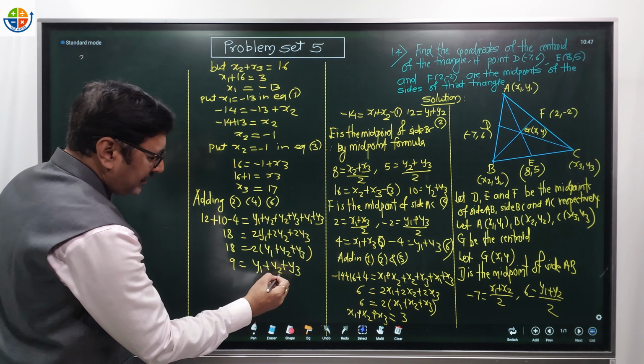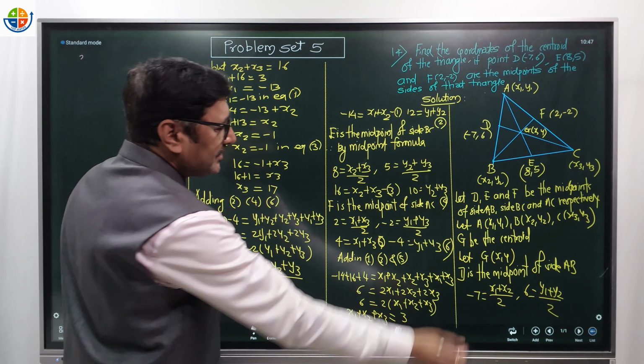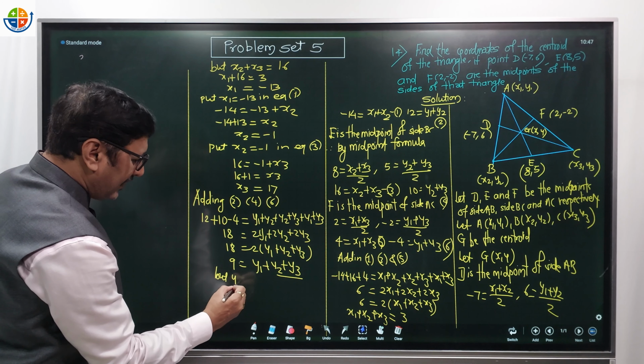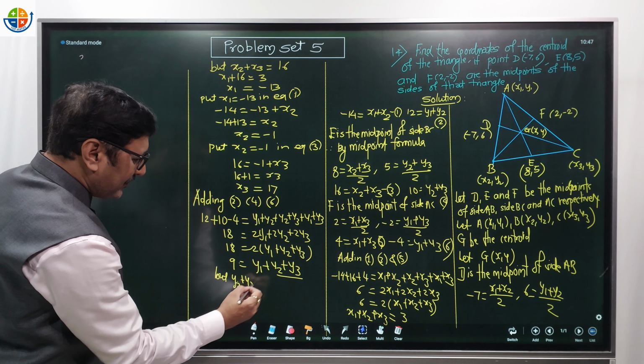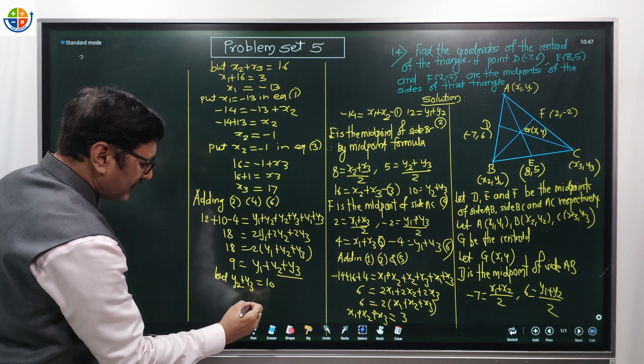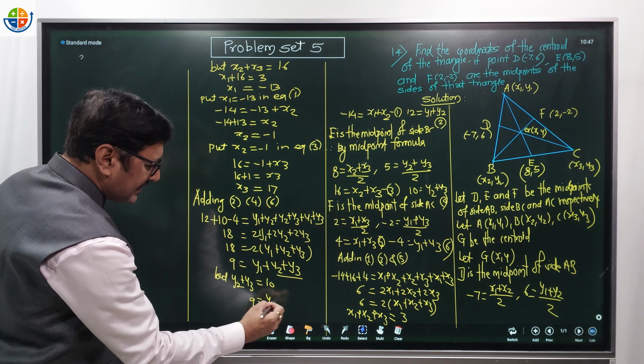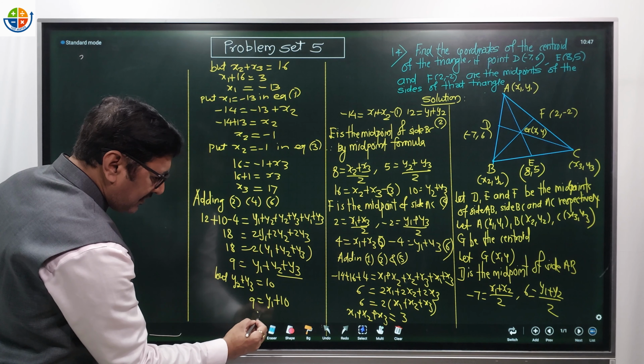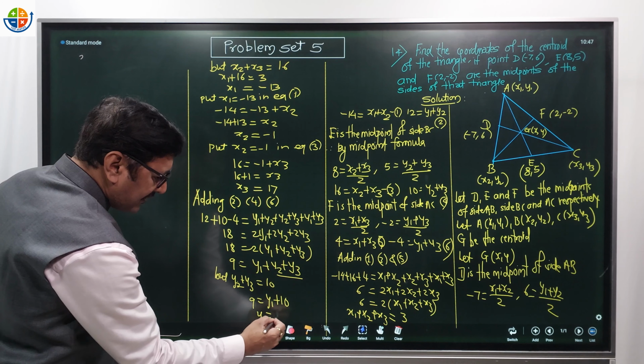But you know, y2 plus y3 का वैल्यू कितना है? 10. So 9 is equal to y1 plus 10. So y1 is equal to कितना होगा? 9 minus 10, -1.